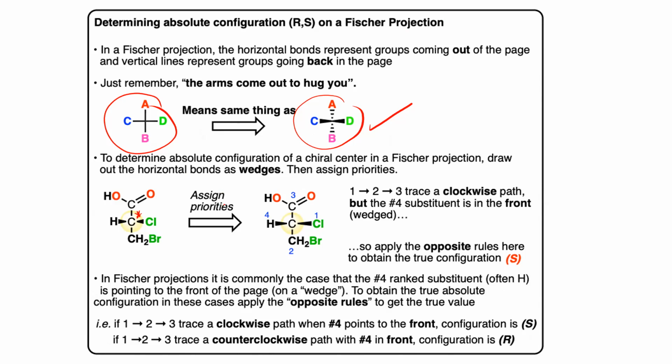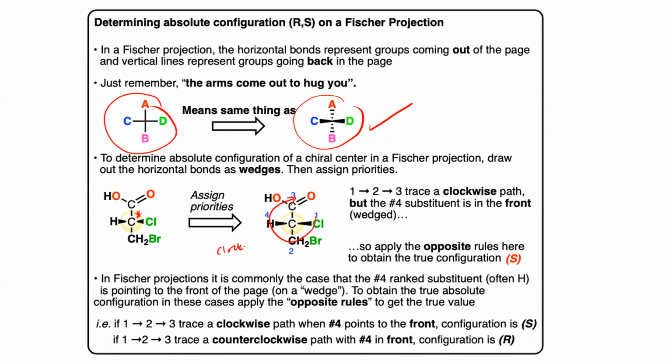Go back to your slides and listen to the recordings if you don't remember, because you're going to need that for the final exams. So you assign priorities: chlorine is number 1, then 2, 3, and 4 as shown here. Then you trace 1, 2, 3, and as you can see, it is clockwise.